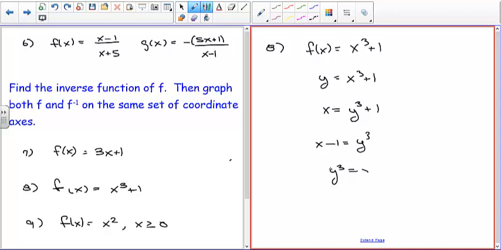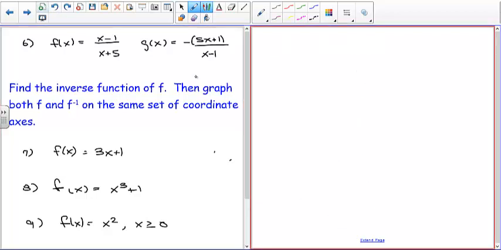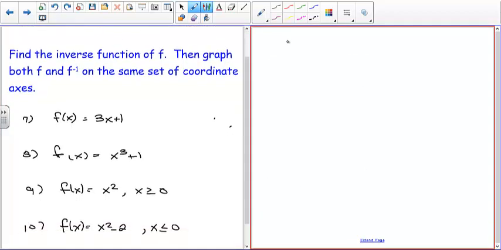And then you'll take the cube root. So the cube root of x cubed is that, and the cube root of that is that. Now I'm going to come back and plot these things, but we're going to go through the process of finding the inverse functions first.